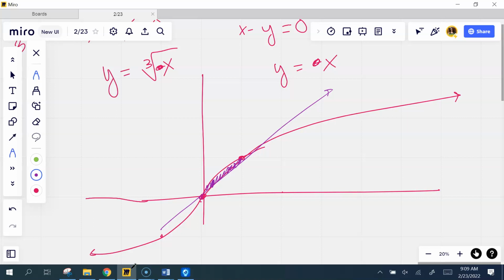Is it the cubed root? It looks like it how I graphed it, but don't trust my graph. I'm thinking the other one. Let's graph.